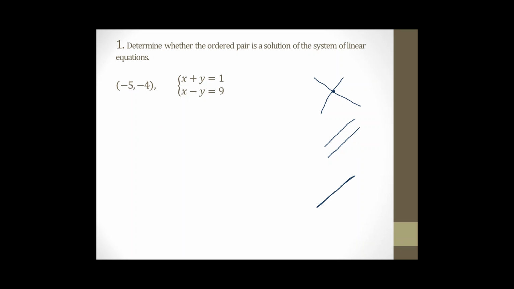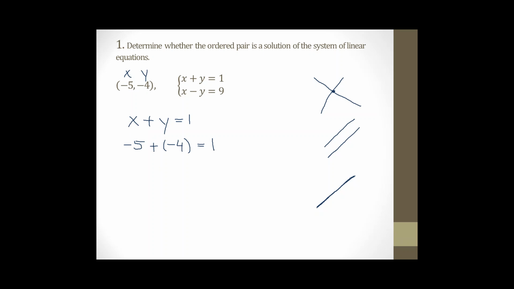and seeing if you get a true statement. So when you have a point, this will be your x value and this your y value. We take the first equation, which is x plus y equals 1, and we are just going to plug in these coordinates. Starting with -5, and then plus, for y we have -4, which is equal to 1.